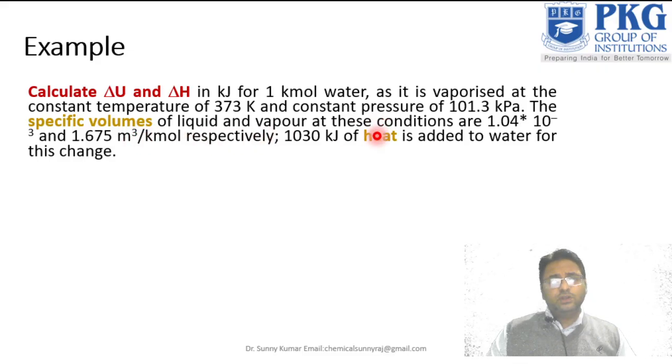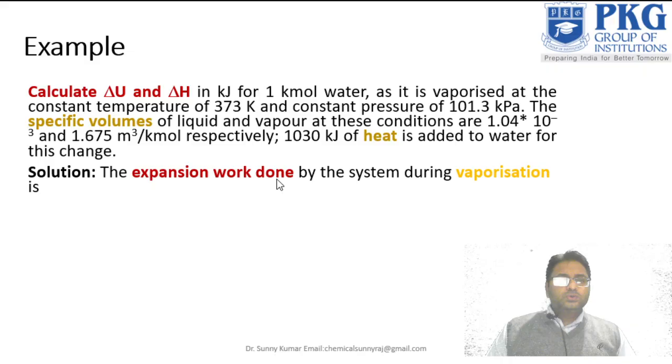The specific volumes of liquid and vapor at these conditions are 1.04 into 10 to the power minus 3 and 1.675 meter cube per kilomole respectively, and 1030 kilojoule of heat is added to the water for this change. So we have to calculate the internal energy and enthalpy of the system.